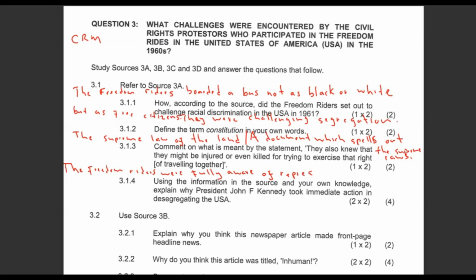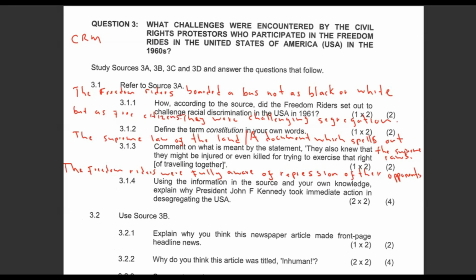Repression is when you're expressing yourself, then someone opposes you. They were fully aware of repression by their opponents.